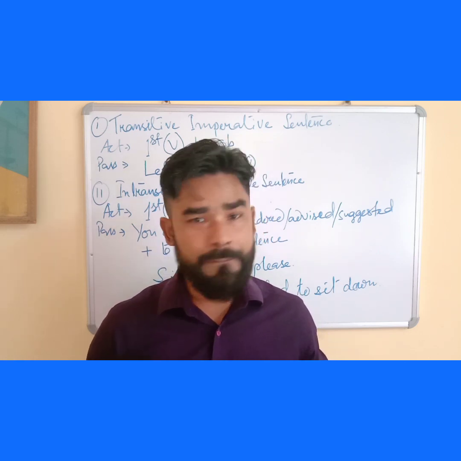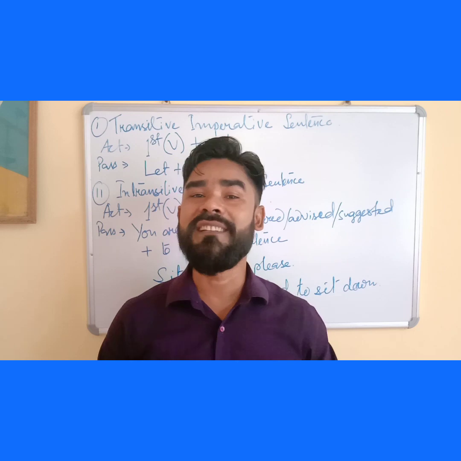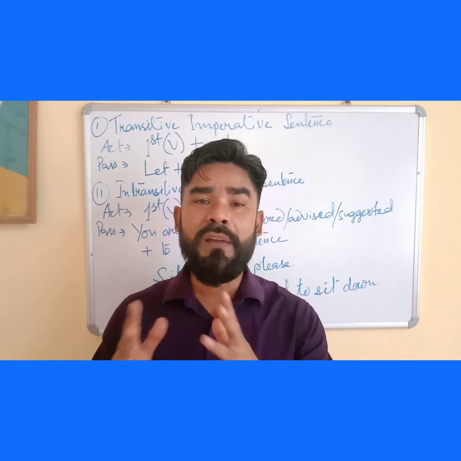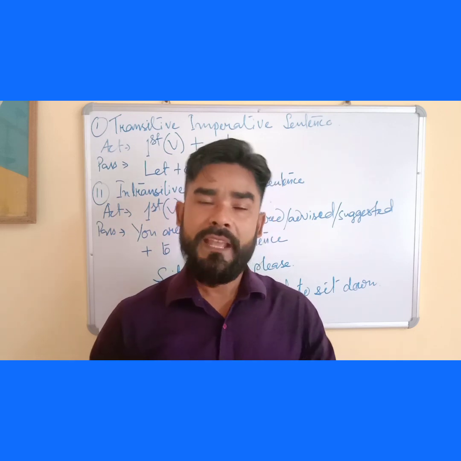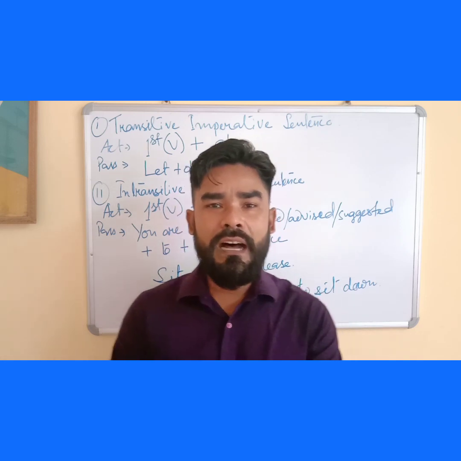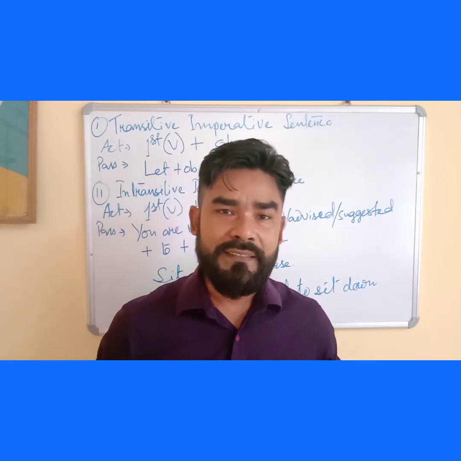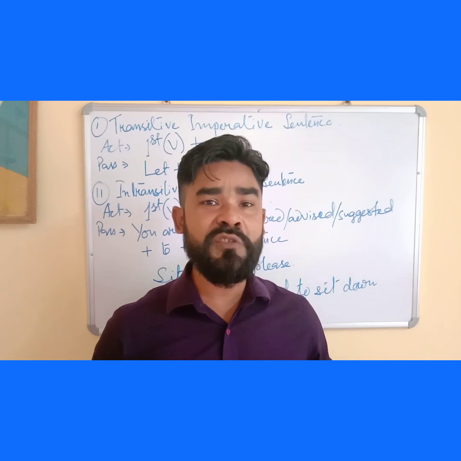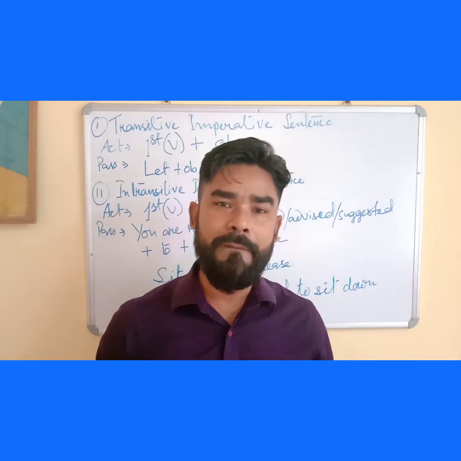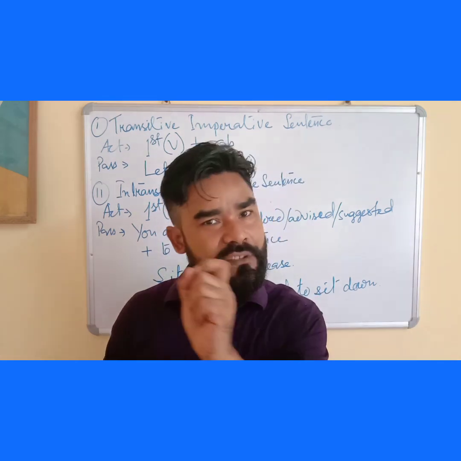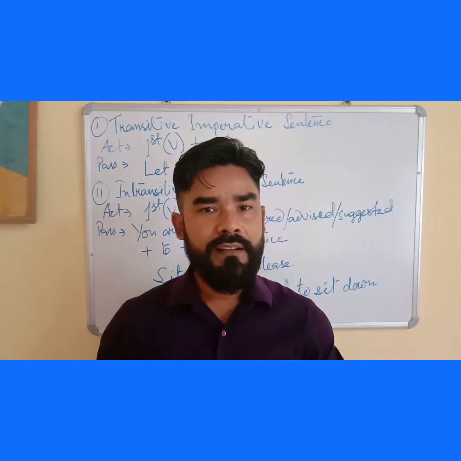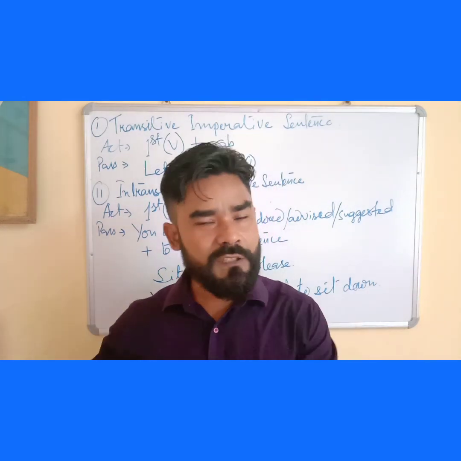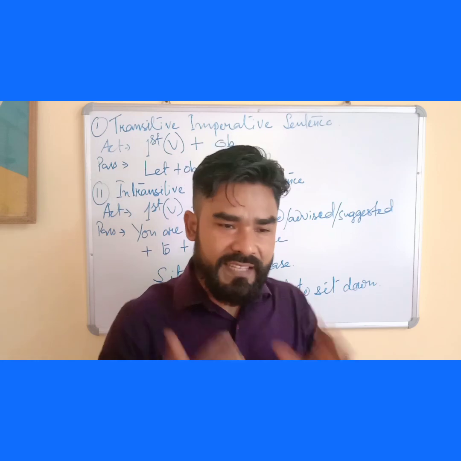Daily is not an object because it is an adverb, a simple adverb of frequency. Then we have: I beat very hard. That means we have not mentioned whom I beat. Who is receiving the impact? The verb beat. So in the first two examples we have an object, while in the second examples we do not.